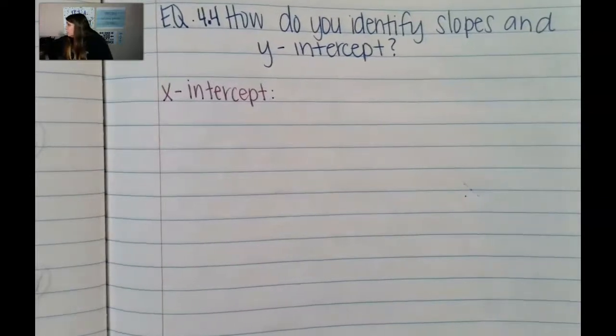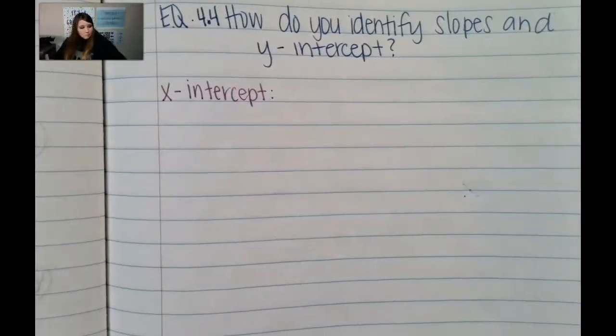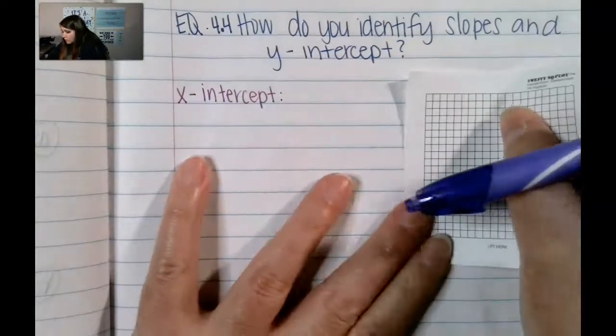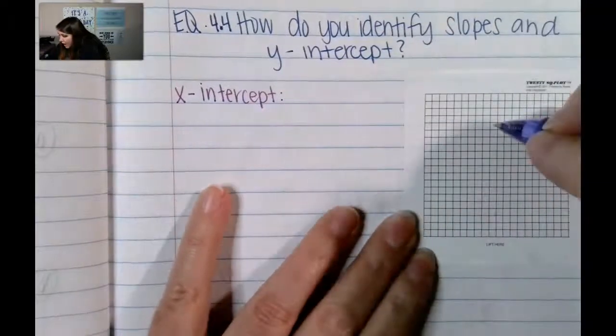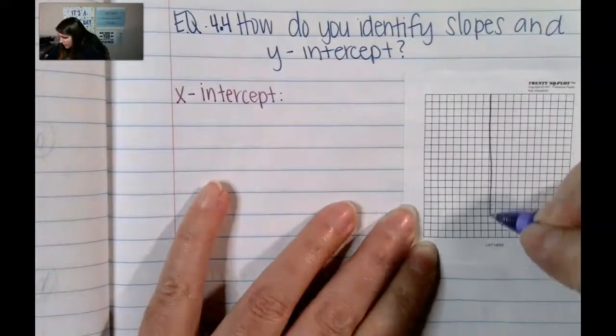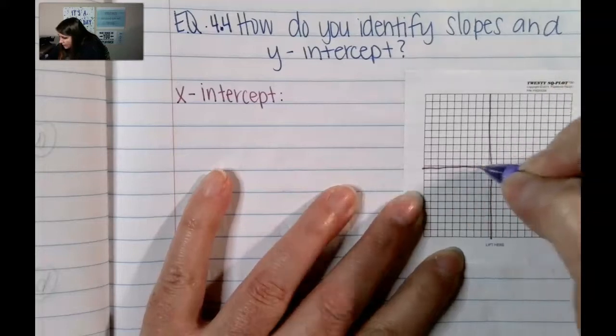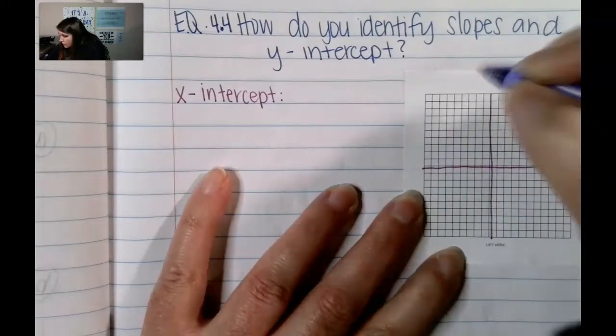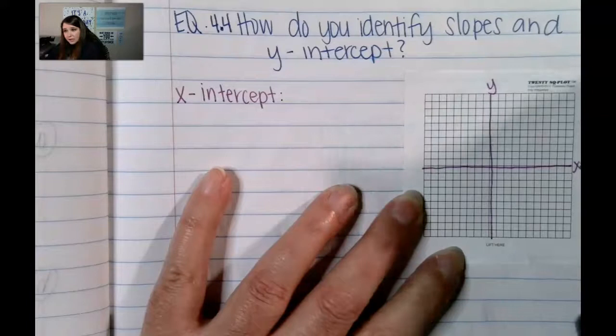So, for example, let's get a Post-it note so I can show you what I am talking about. All right, you have your Post-it, and you have your x-axis here and your y-axis here.